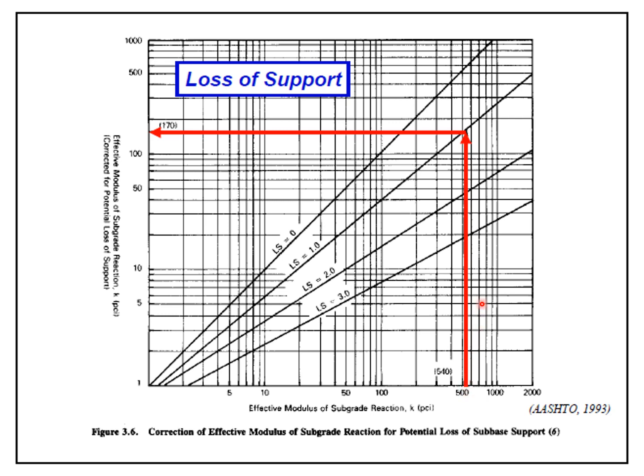So using this and considering that, you can say this is 170. With the help of figure 3.6, we can determine the corrected effective modulus of subgrade reaction for potential loss of subbase support.